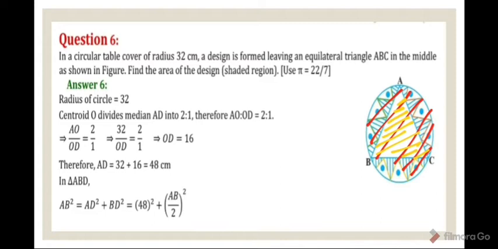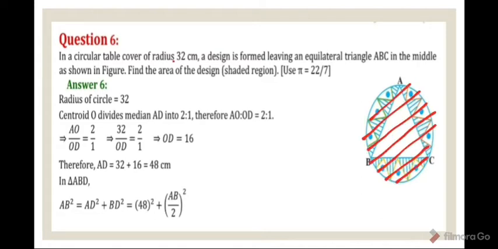You can easily find the area of the circle by the formula pi r square, where r is 32. But how can you find the area of the equilateral triangle where the side values are not given? So how can you find the side value?